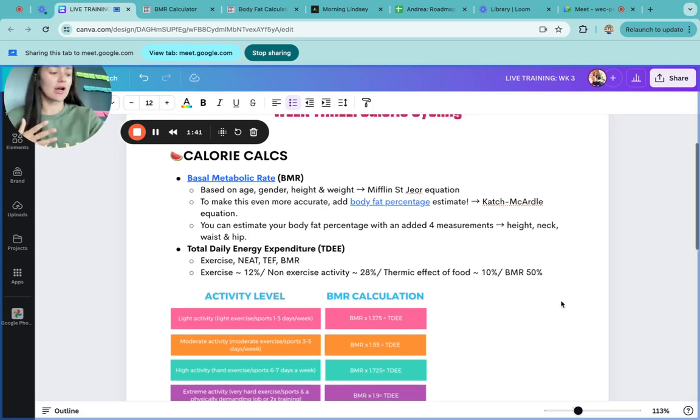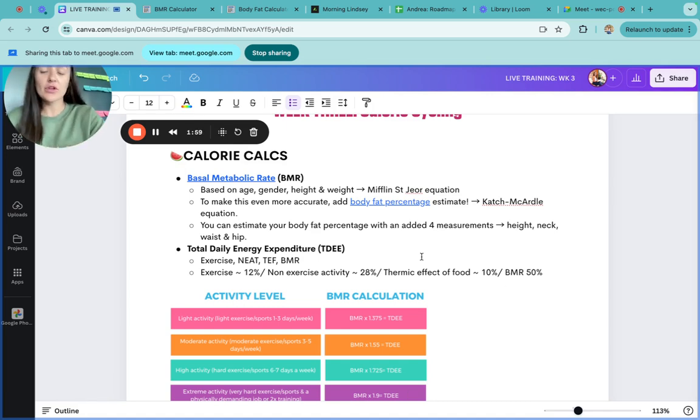So I think once we clear up all of this, life's going to make so much more sense for you, and it's going to make sense why you've been either struggling to lose weight or maybe even struggling to keep up breastfeeding supply or perform well in the gym because you're just not eating enough.